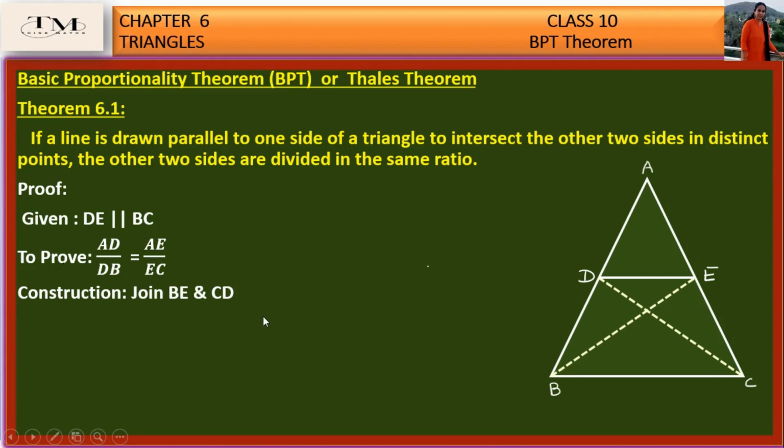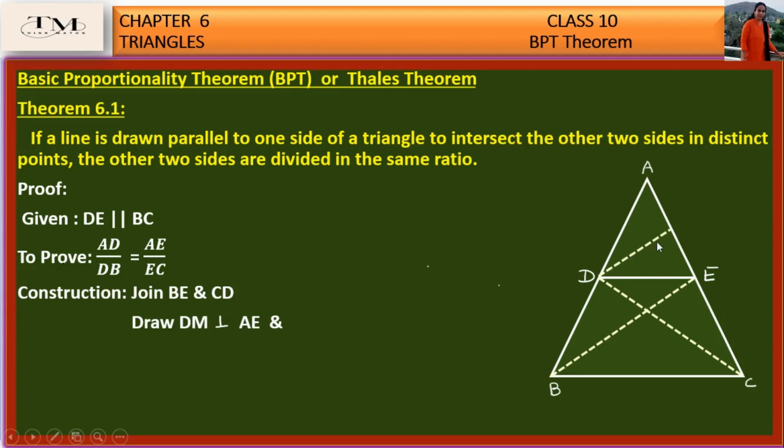Now, another construction is in this triangle ADE. We need a perpendicular to find out the area of the triangle. So, we are going to draw perpendicular DM perpendicular to AE.